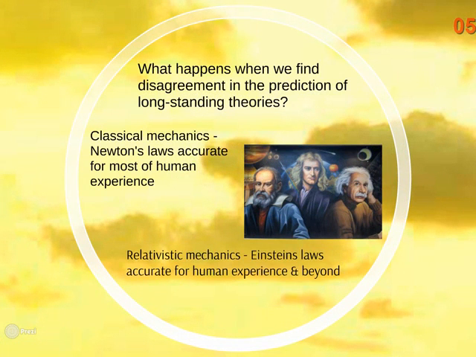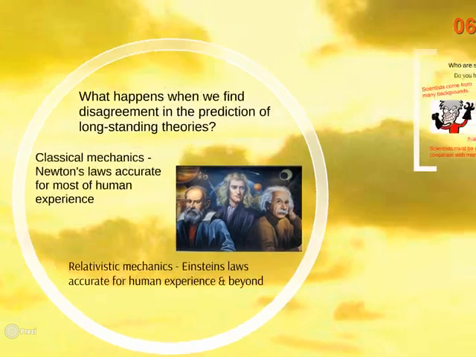However, they did not apply for things that are beyond the human experience, like things traveling at very high speeds, such as the speed of light, or things traveling in space in a vacuum. The relativistic mechanics of Einstein's law ended up being accurate for the human experience that Newton's laws explained and beyond. So sometimes as we build on our knowledge, we have to make some modification and update our long-standing theories.